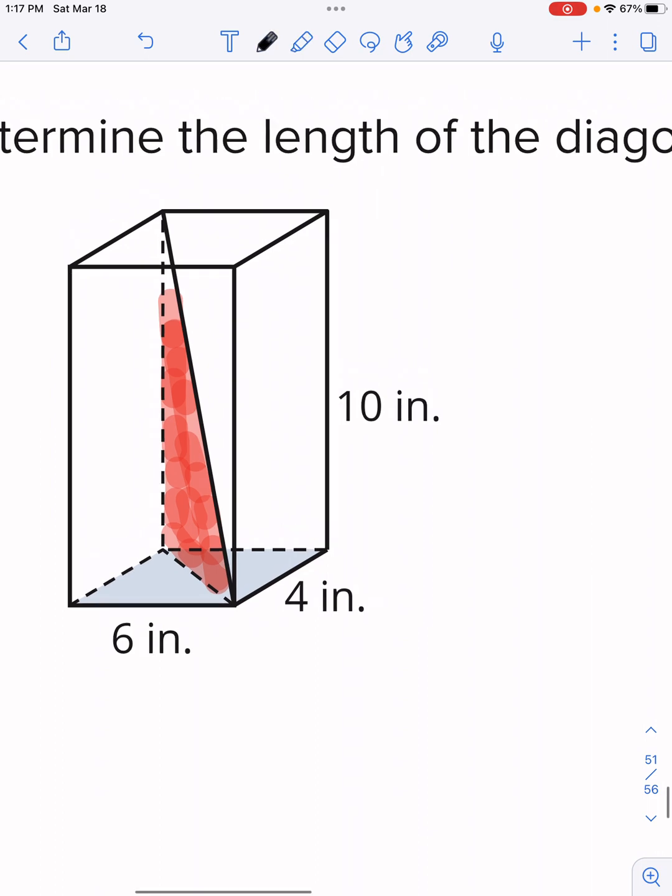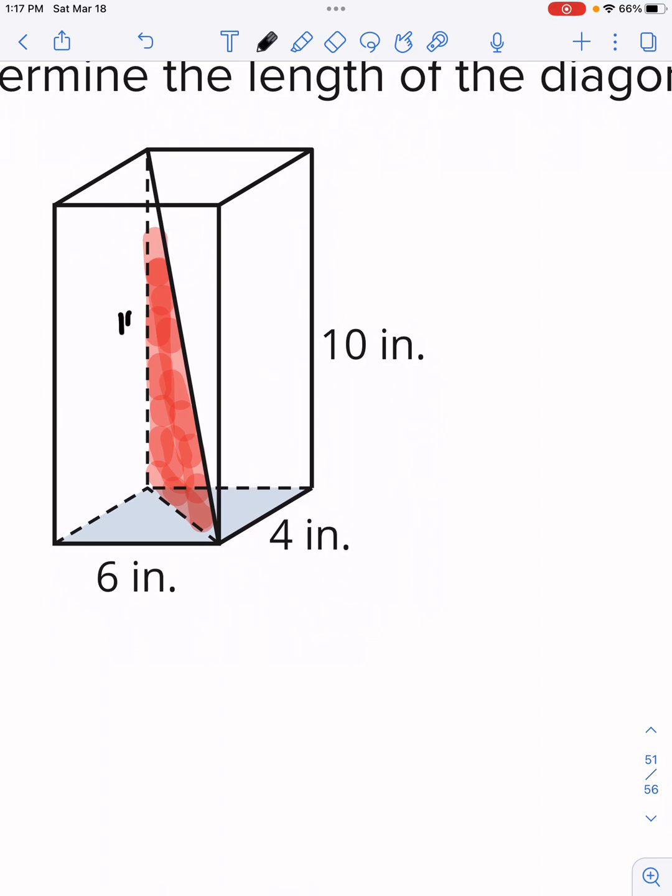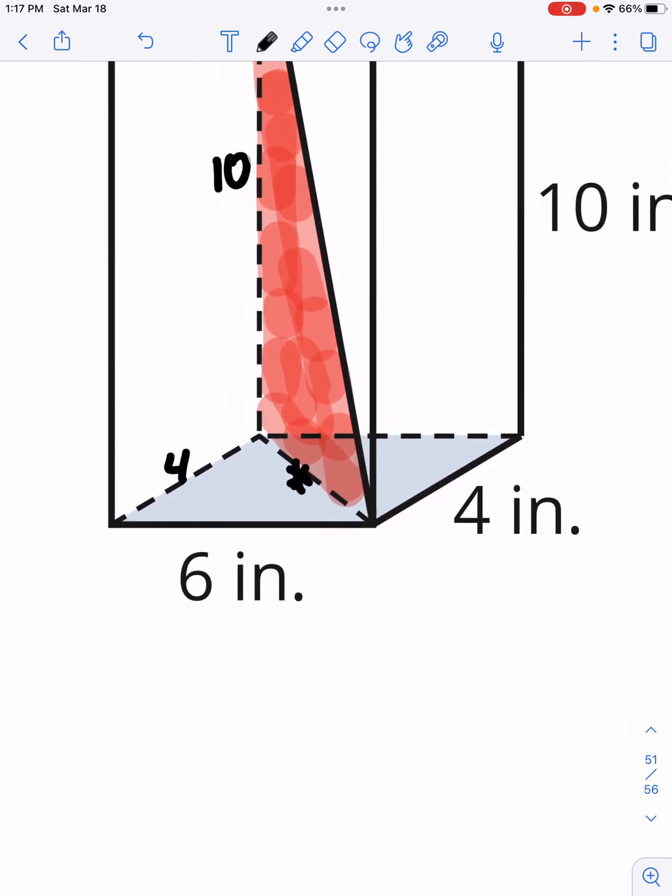We know the height of this is 10. But I'm going to look at the floor, right? Always start with your floor. The floor of this is a 6 by 4 blue floor. We're going to use 6 and 4, because this is 4 right here, so that we can figure out what this length is. I'm going to put a star right there. It may not seem like it, but this is actually a right angle. Visually in 3 dimensions, because of our perspective, it doesn't seem like it.